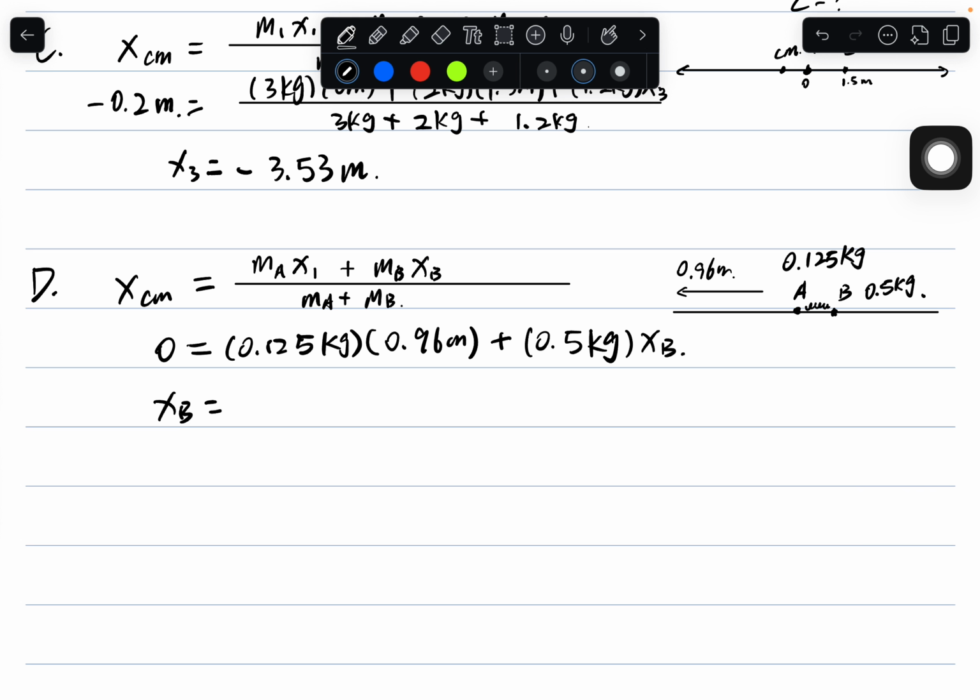After the calculation, we have x_B, B moved 0.24 meters divided by 4.